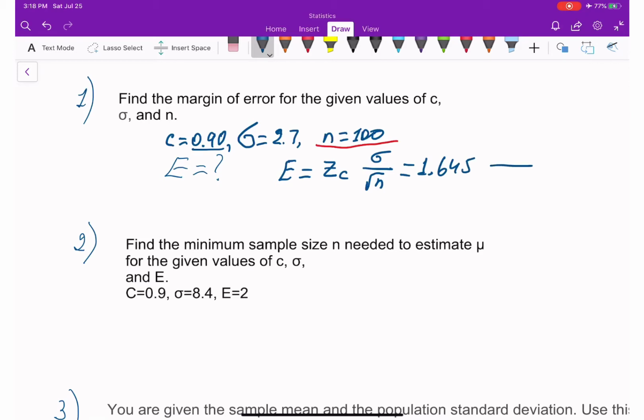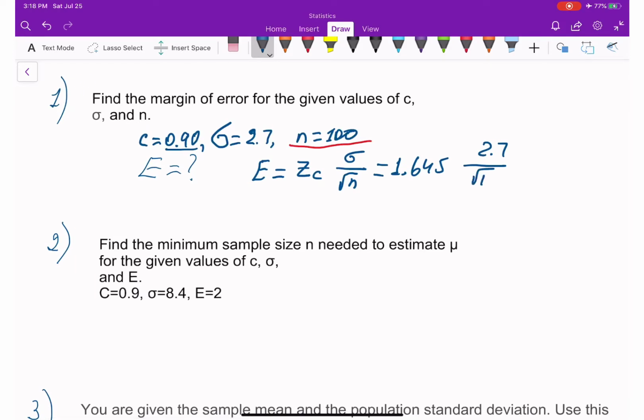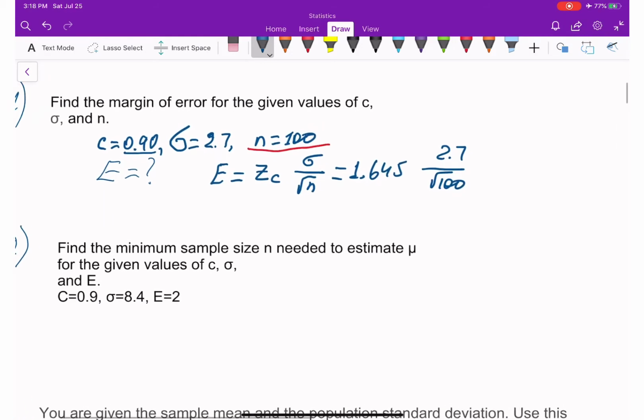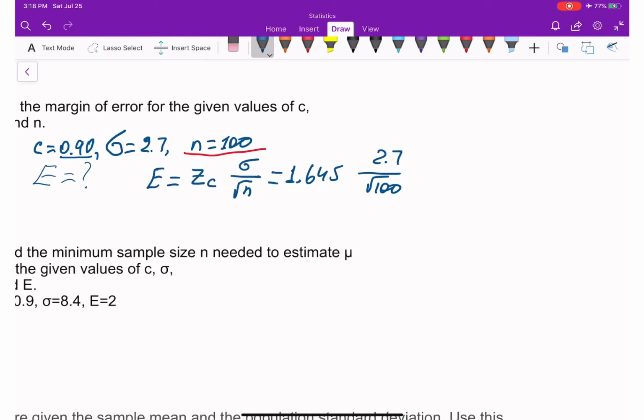And then we get sigma is 2.7 divided by square root of 100, which is equal 1.645 times 2.7 divided by 10. So how much will be the answer? You should get 0.44444.